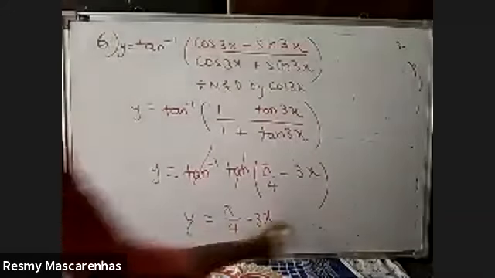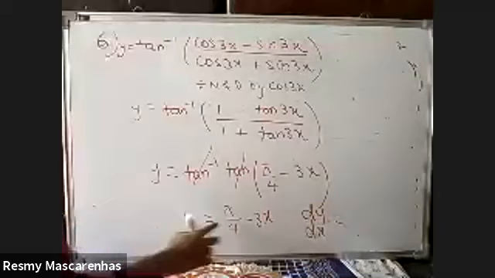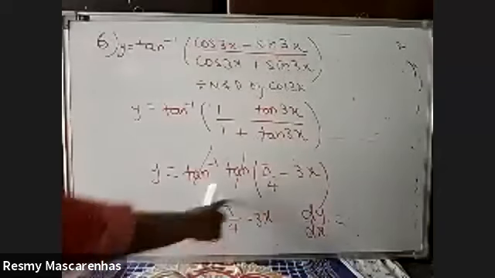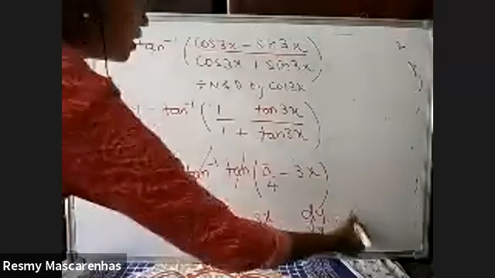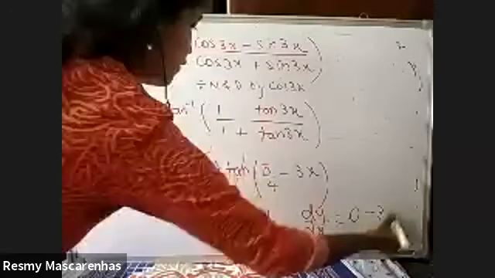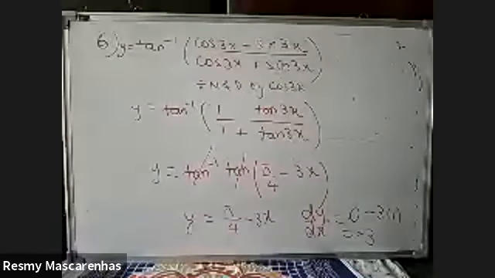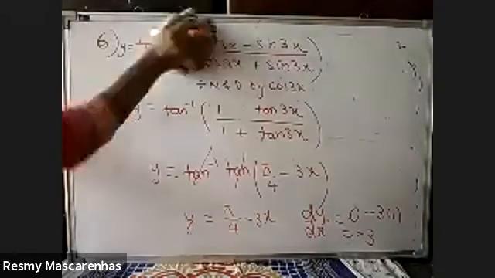Minus 3. Yes, minus 3, because when you take the derivative dy by dx, pi by 4 is a number, a constant, so the answer will be 0. Minus derivative of x is 1, so the answer will be minus 3. So, 7th one.